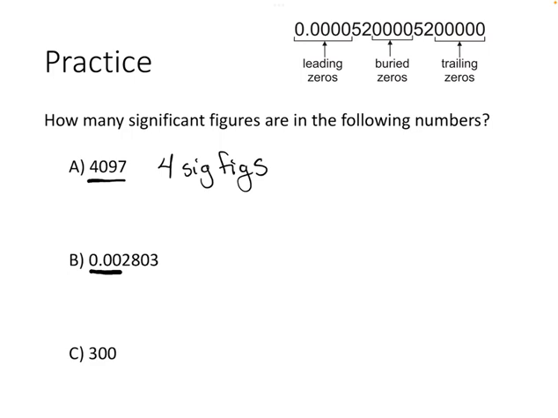They are just placeholders to indicate how small the value is. And then what about the 0 that's in between 8 and 3? Is that significant? Yes, it's a sandwiched, embedded, buried 0, right? So only the last 4 digits are significant.